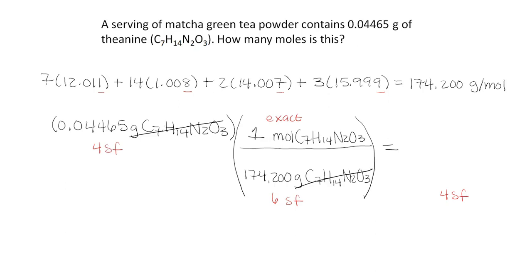So 0.04465 divided by 174.200 gives us 2.563 times 10 to the negative 4. The units are moles, and the substance is C7H14N2O3.